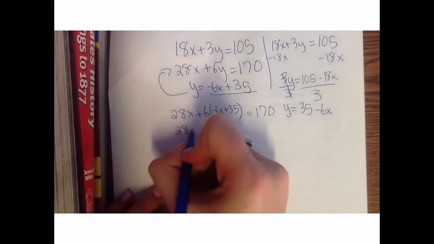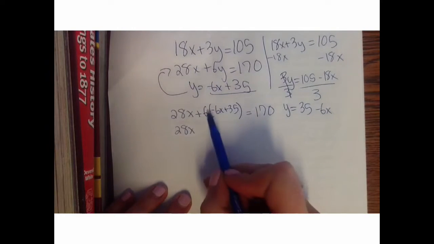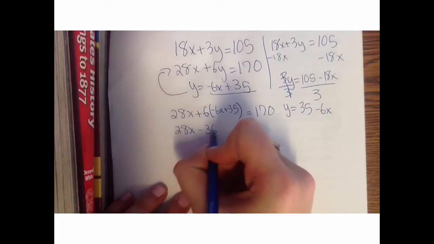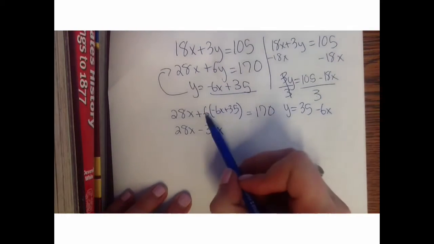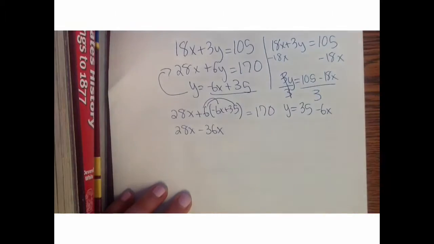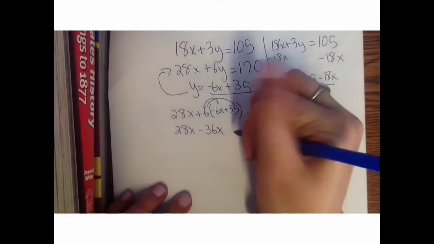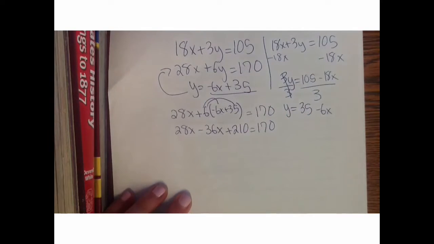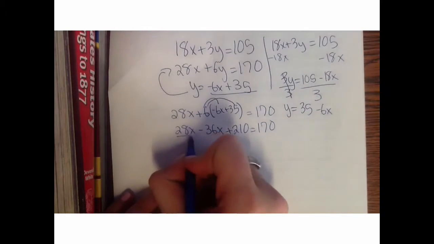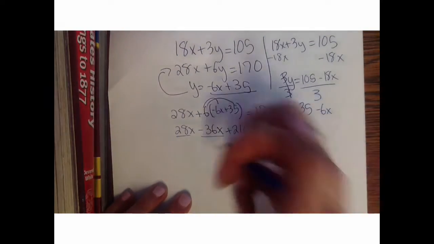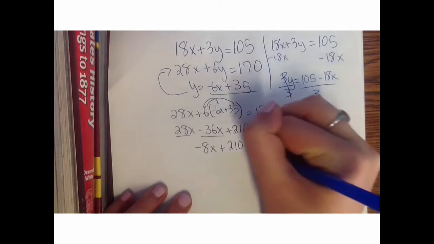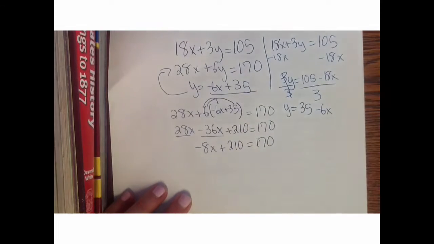I haven't used my 28x, so I'm going to go ahead and bring it down. 6 and negative 6x, if I multiply those, gives me negative 36x. And 6 times 35 is going to give me a positive 210. Now I'm going to combine my like terms. 28 minus 36 is going to leave me with negative 8x plus 210 equals 170.